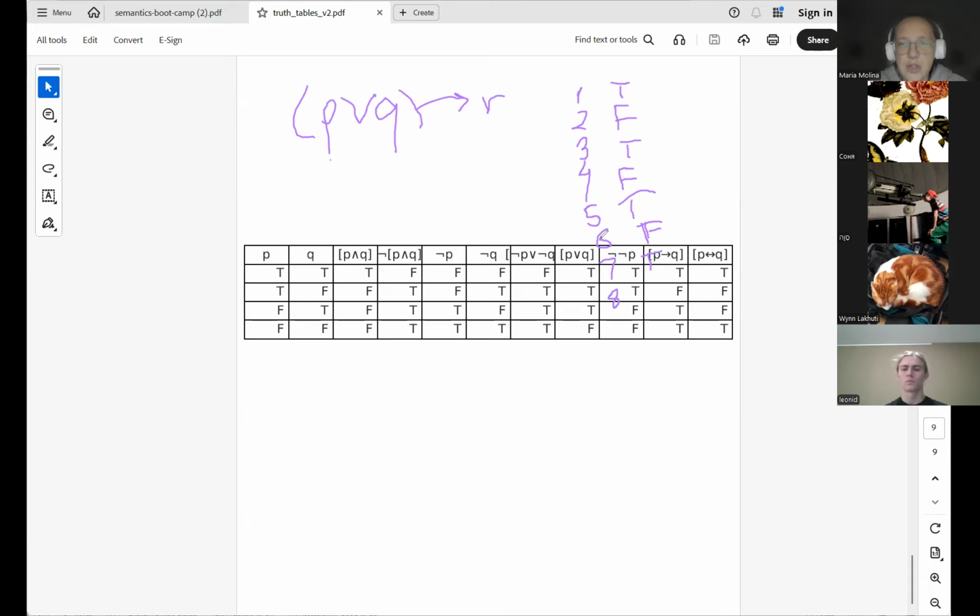True. Right. Because each time when the premise is false, the conditional gives us true. Yeah, that's why 7 and 8 are true. Right.